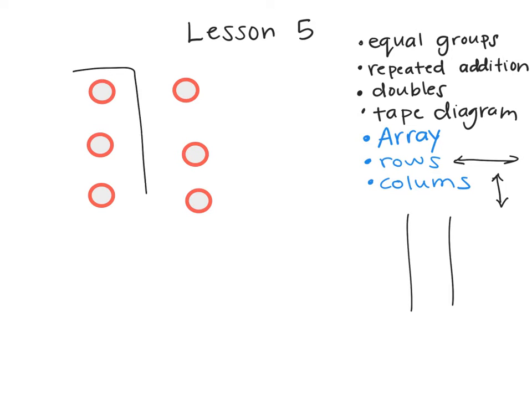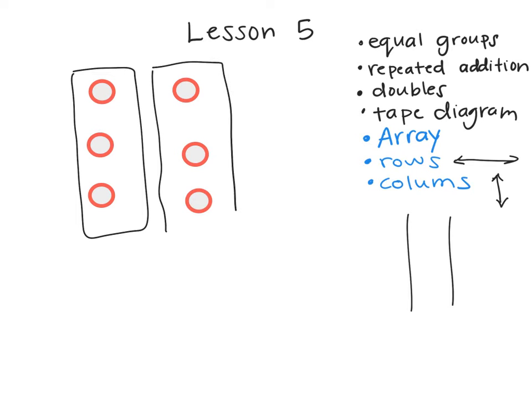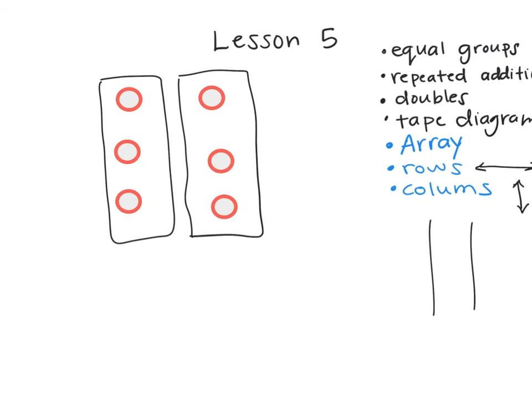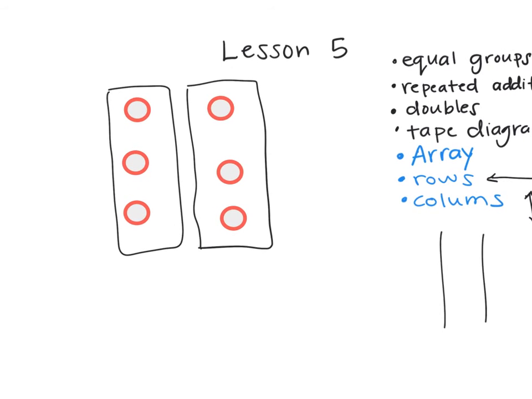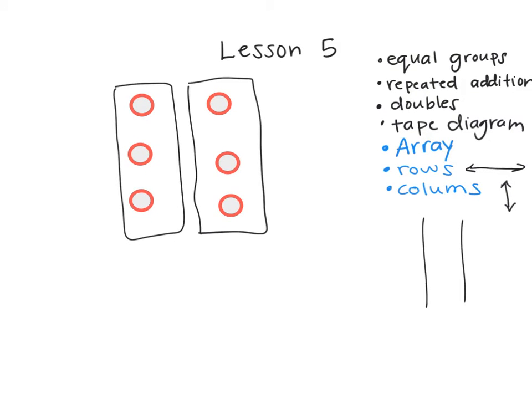So I see I have 1 column of 3 going up that way and another column going this way. It looks the exact same way if you turn your head sideways, it looks just like the rows, but now we're looking at them going up and down.